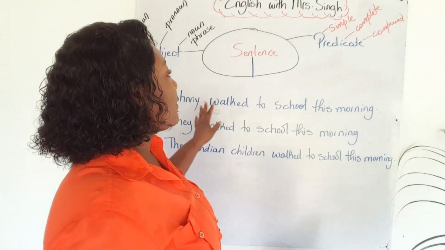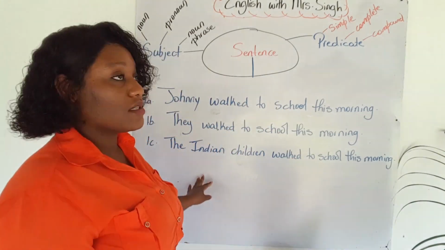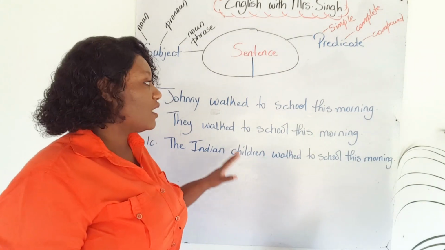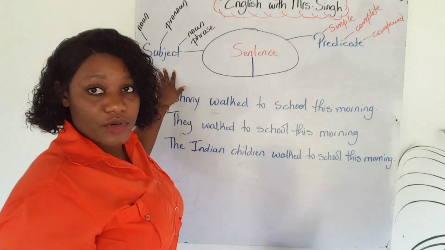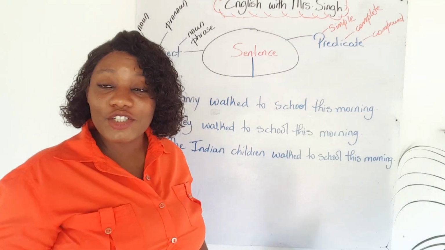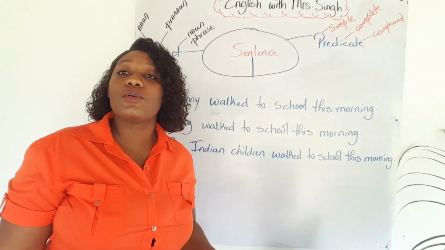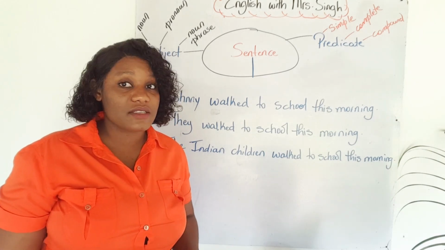Alright, so I went ahead and rubbed the bottom part of the board and wrote these sentences on the board. Now, let us first look at our subject. We already concluded that a subject can either be a noun, a pronoun, or a noun phrase.